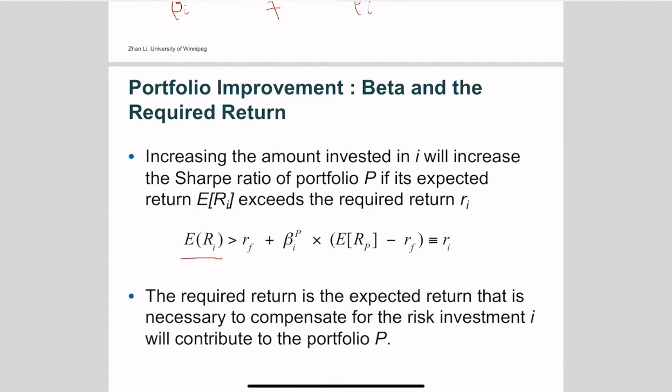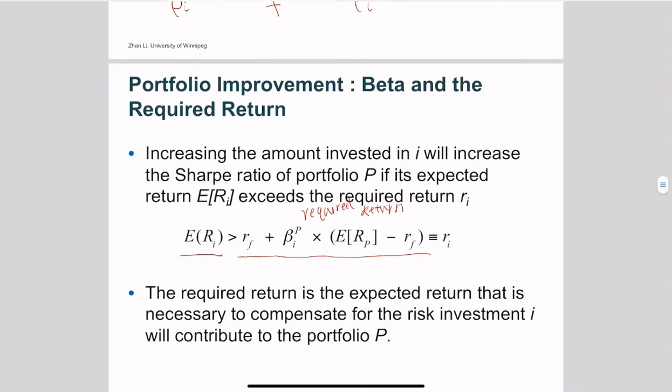So let's call this whole formula the required return. Required return is calculated by this formula. I know I have not told you why you should calculate required return in this way. This is not a math course.